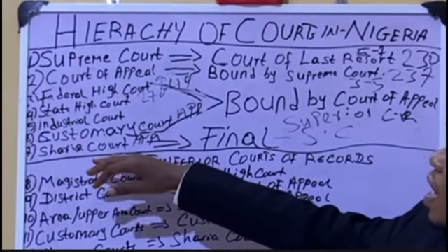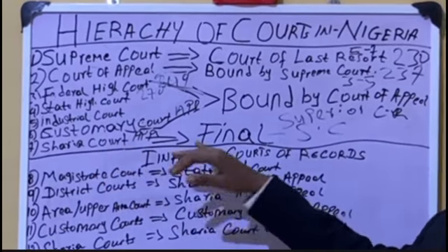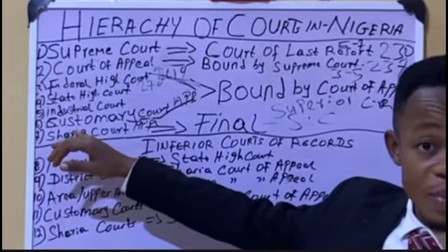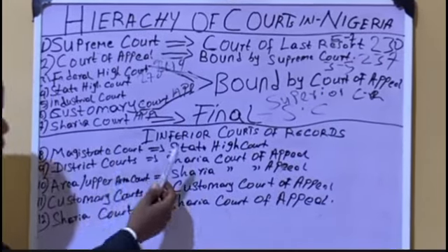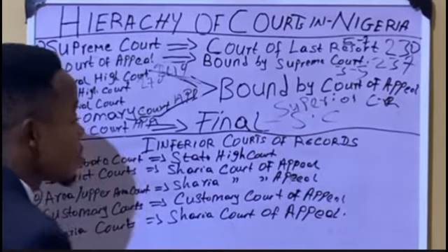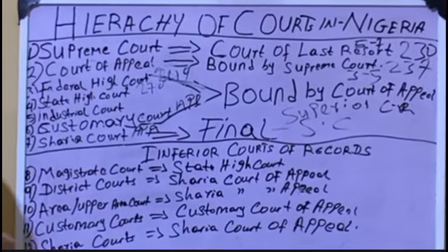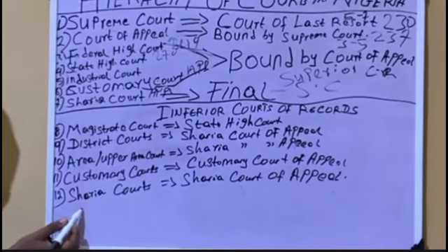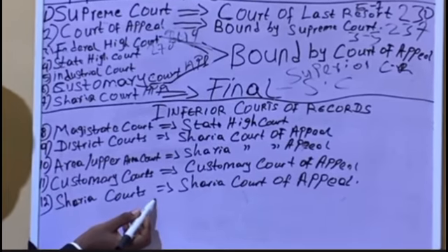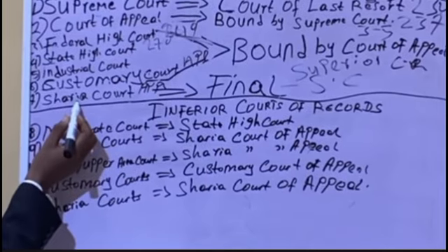Any issue moving from the Sharia Court of Appeal, it is the final arbiter. Sharia Court of Appeal is the final arbiter. Now get what I mean. Remember, I'm still going to talk about why I gave this line, because I have a reason for doing so. But for the benefit of what I want to teach you now, any issue that is coming from the Sharia Court is going to the Sharia Court of Appeal.